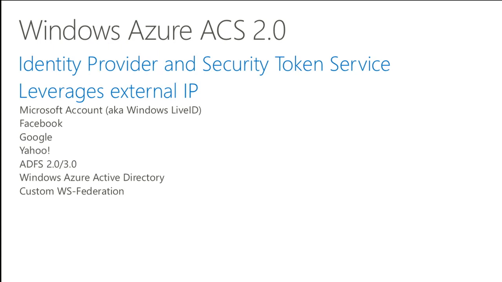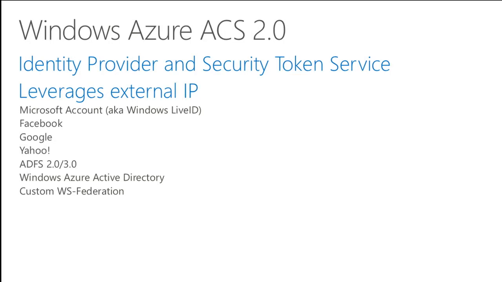Windows Azure ACS can support external identity providers in order to authenticate end users, like Microsoft account, Facebook, as you saw, but also Google, Yahoo, ADFS 2 or 3, Windows Azure Active Directory, or any other custom WS-Federation compliant identity provider. So it's really powerful.